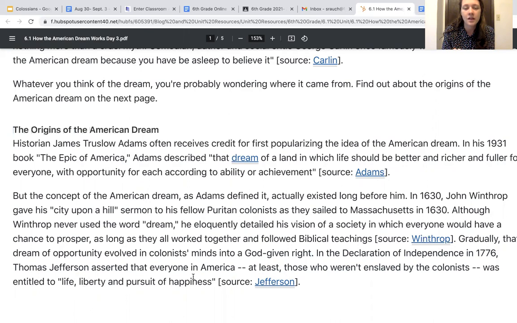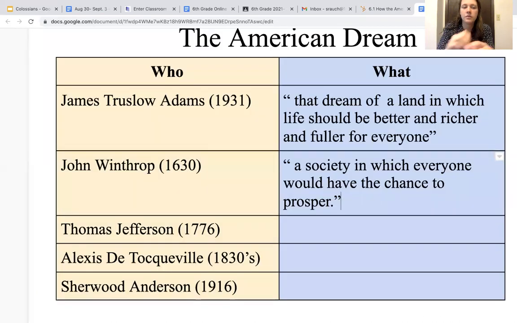Okay, so I want you to think, when Thomas Jefferson says that everyone in America should be able to have their life, liberty or freedom, and happiness, why do you think that's important? And we're going to add this to our chart.